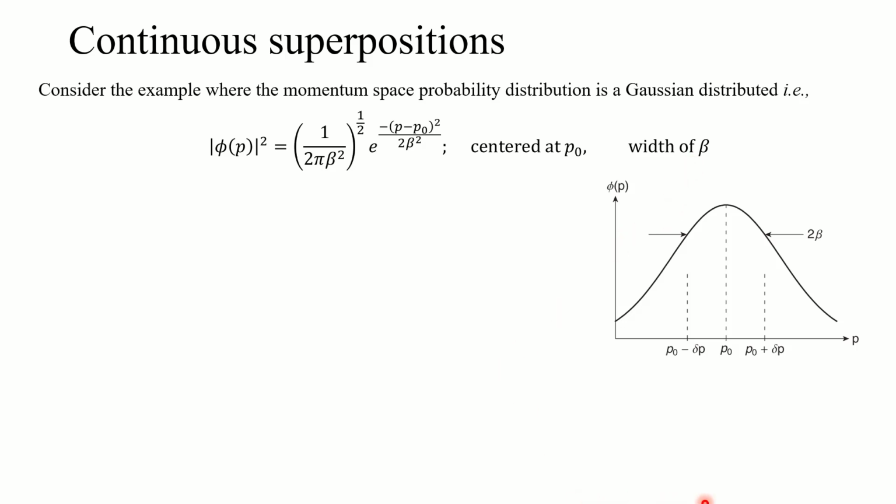So that's the probability distribution, again, with those values. What that means is our actual momentum space wave function is the square root of that and looks like this, right? So we have a Gaussian distribution in our momentum space.